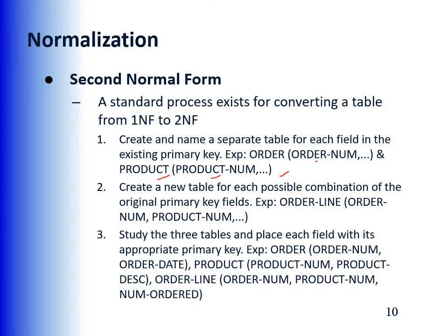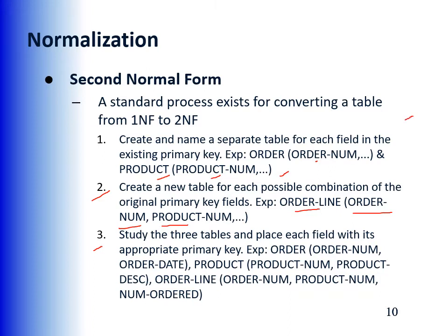The second one is to create a new table for each possible combination of the original primary key fields. Example here, order line with the primary key order number and product number. And the third one is to study the 3 tables and place each field with its appropriate primary key.